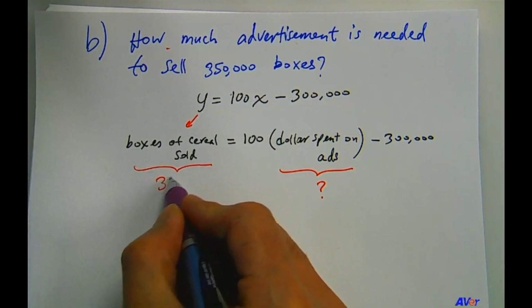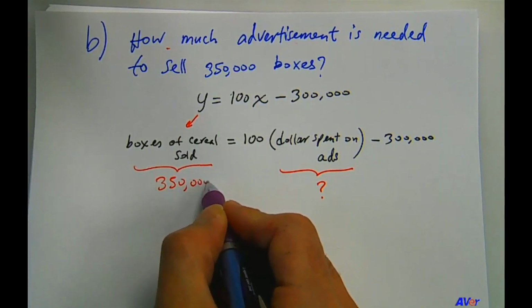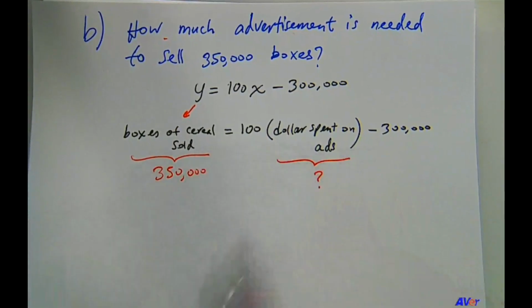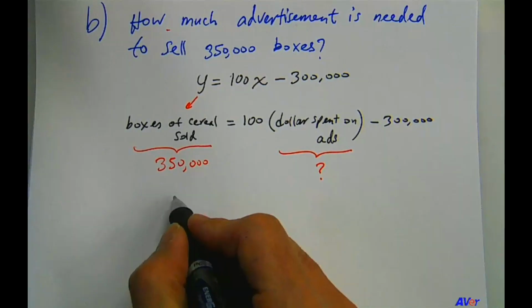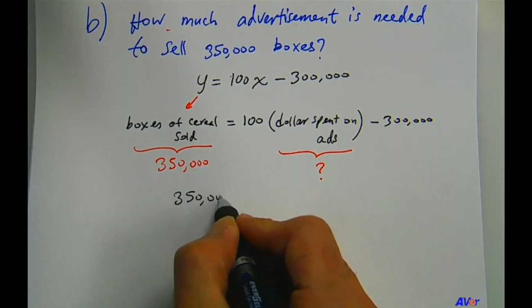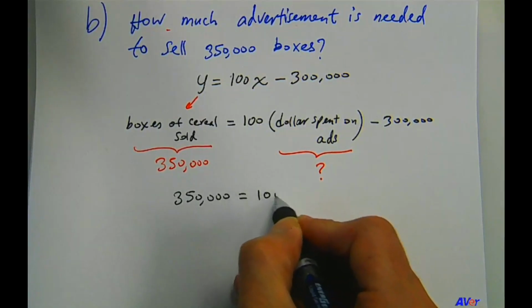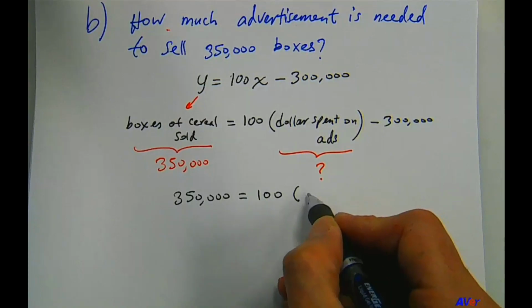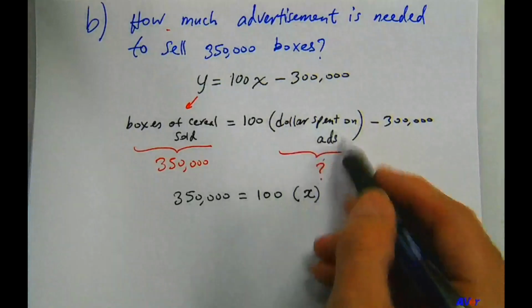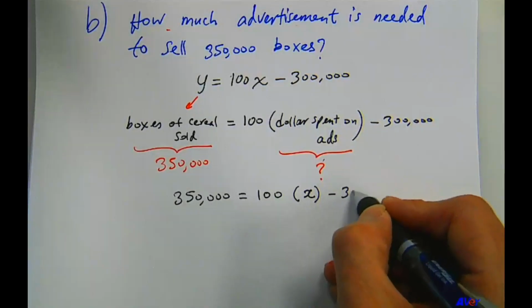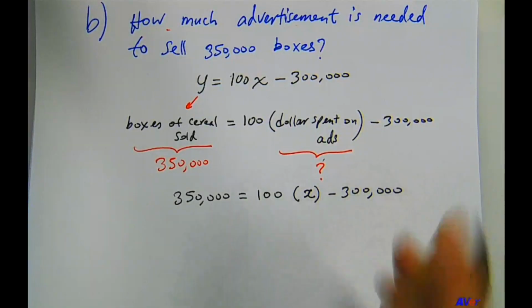So this one, we know it has to be 350,000. So let's solve for that question mark. So we have 350,000 equals 100 times x, because it's the question mark, dollars spent on ads, minus 300,000.